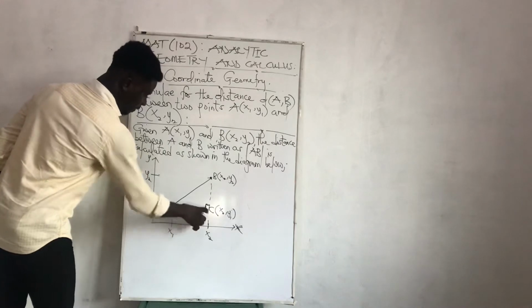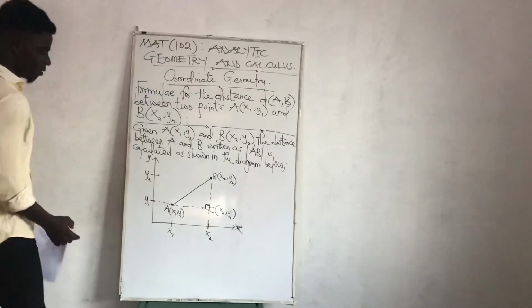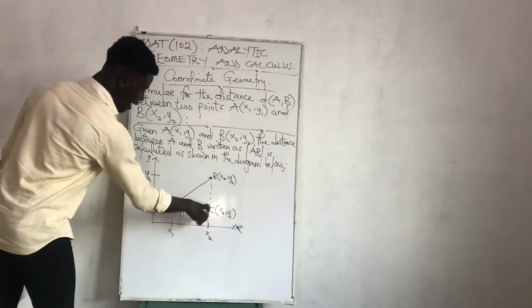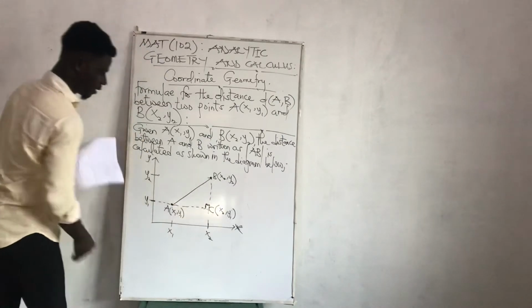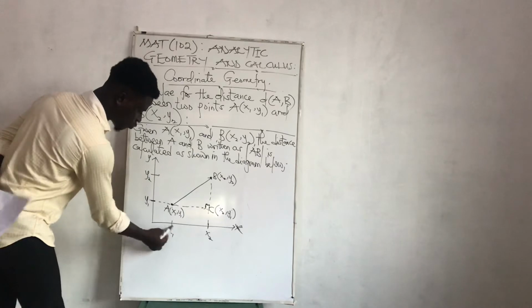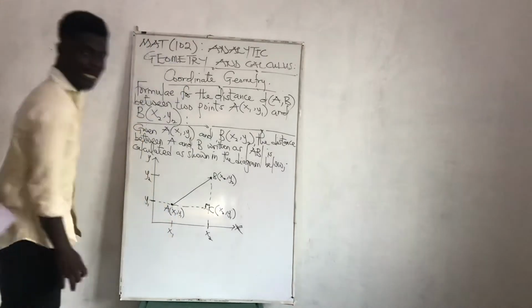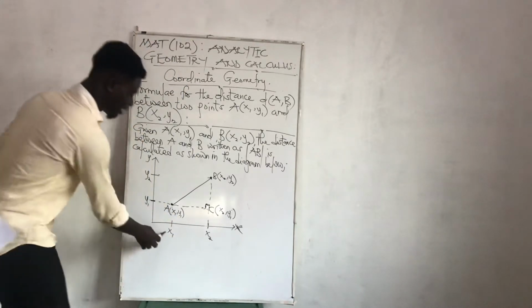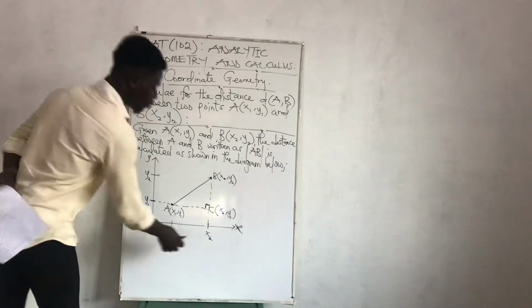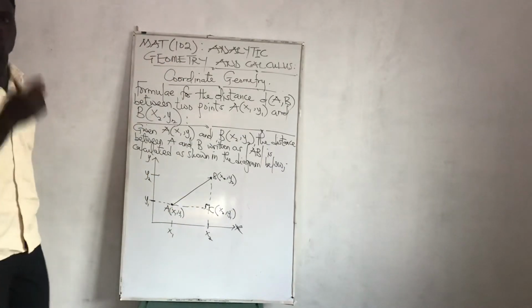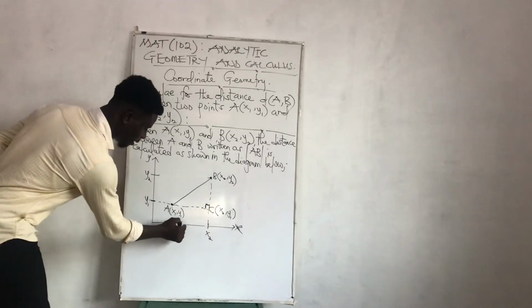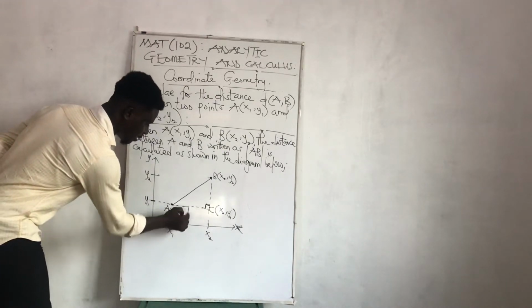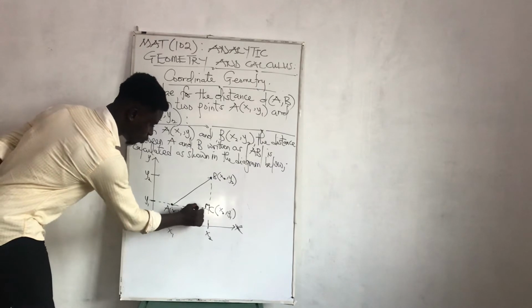The distance between A and C, right? If you want to find the distance between A and C on the x-axis, we have to subtract this x1 from x2, because this x1 is smaller than x2. So I can say that the distance, let me write it here, is x2 minus x1.